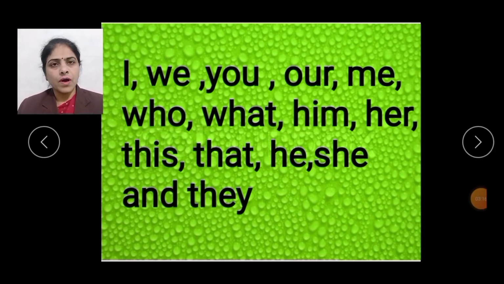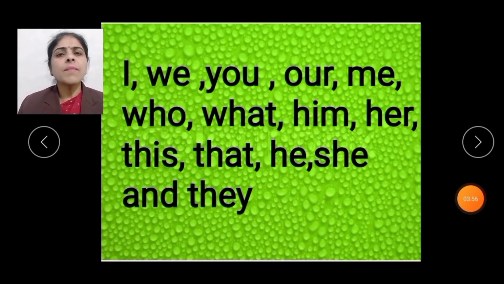Here are some pronouns which are used in the sentence like I, we, you, me, who, what, him, her, this, that, he, she, and they. Among these pronouns, some are used at the place of subject, while some are used at the place of object.